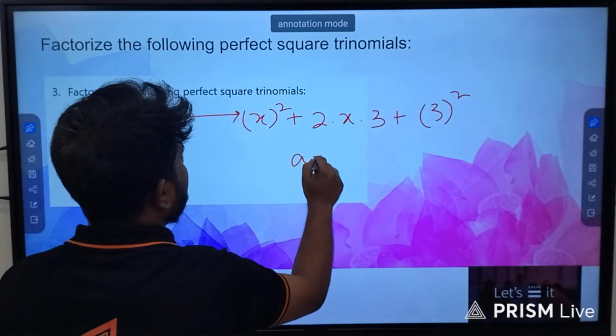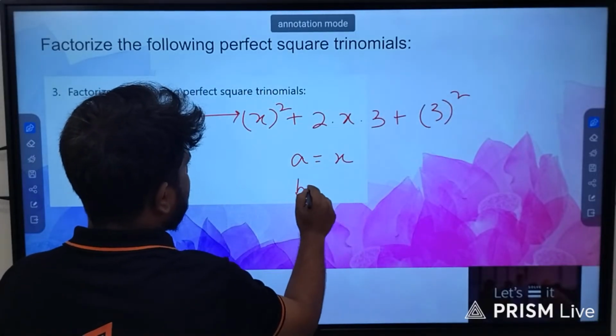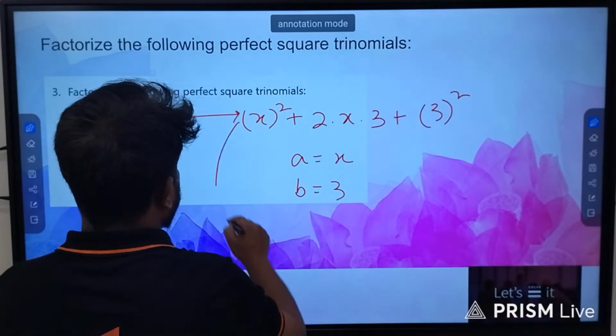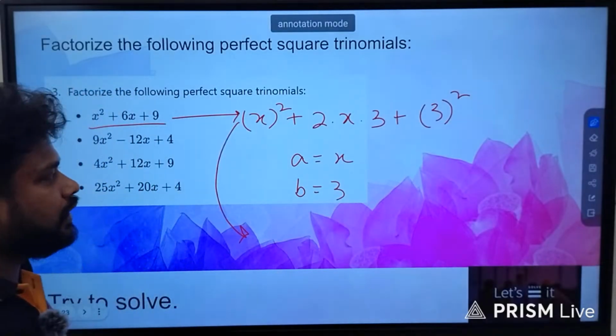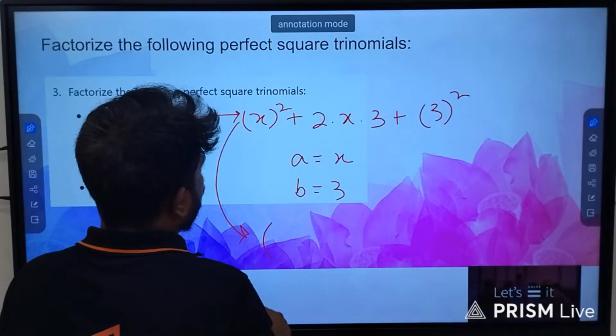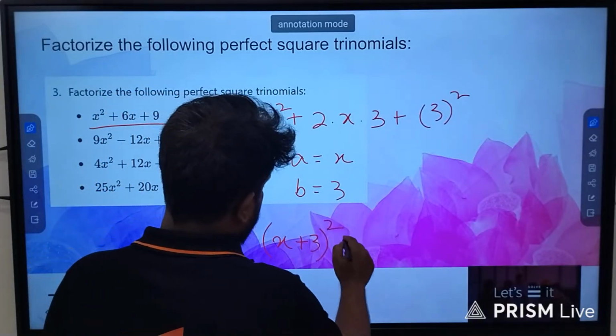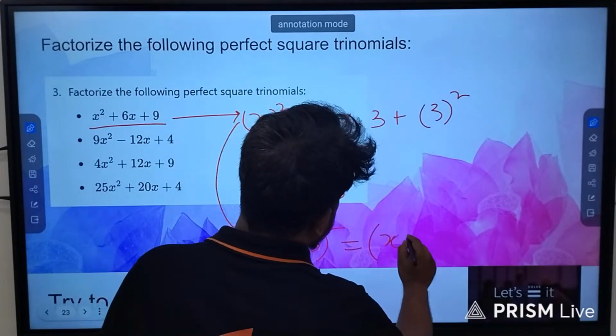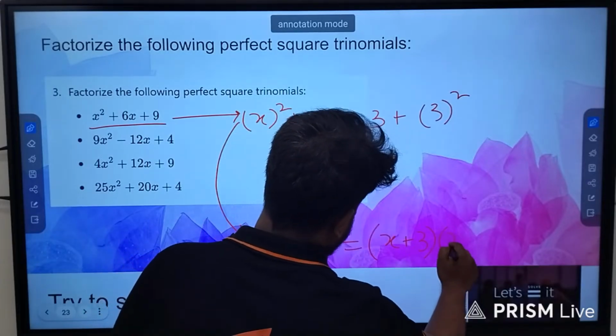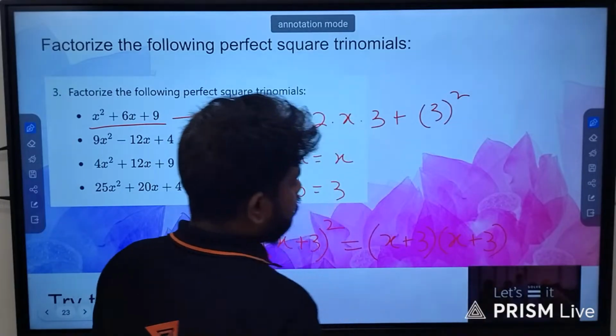We have taken a as x and b as 3. So the final answer will be x plus 3 and its whole square. We can write it down as x plus 3 into x plus 3.